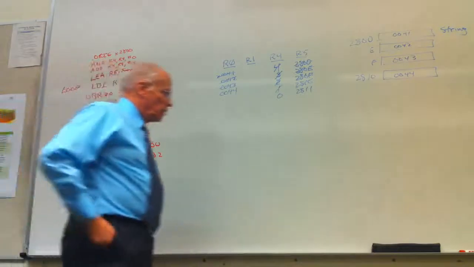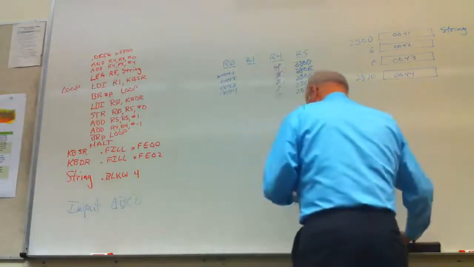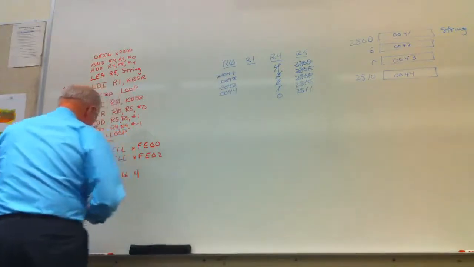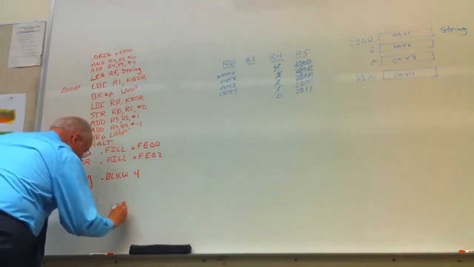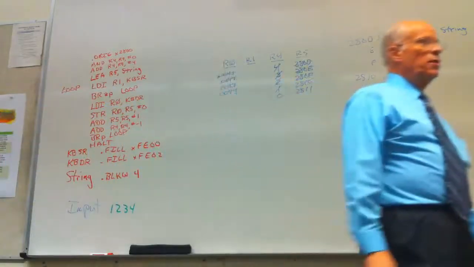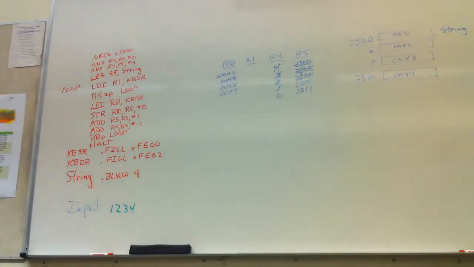Now, let me point out something about this. Suppose instead of A, B, C, D, we had entered 1, 2, 3, 4. We want to enter the number 1,234. The ASCII code for 1 is 31, right?